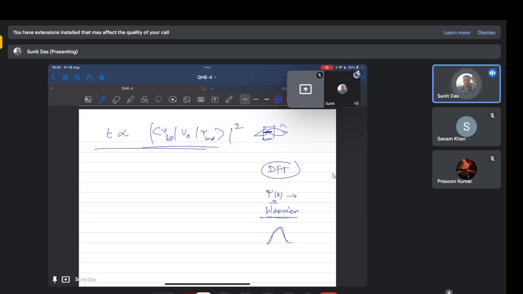So in the background there are a lot of processes that one needs to check. That's why analytically we can only talk about very few models which we can deal with by hand.